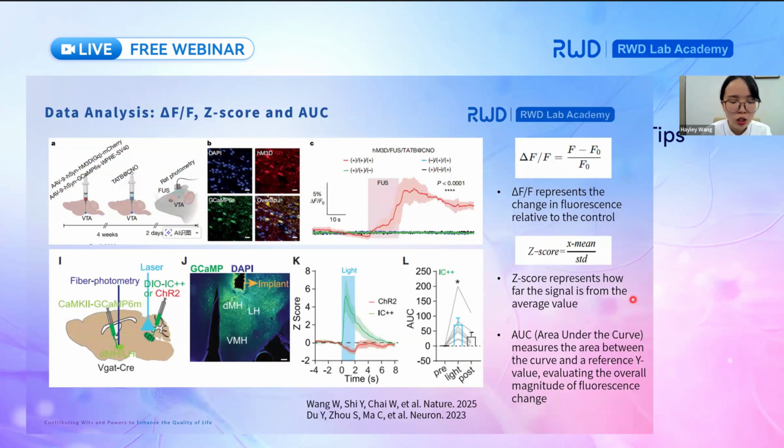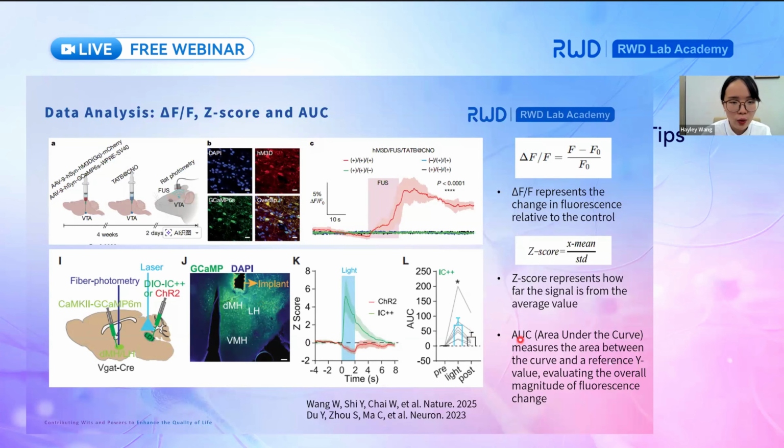In other words, delta F over F shows the size of signal change, while the z-score shows how strong or significant that change is relative to control variability. Both are widely used in fiber photometry studies and are commonly reported in the literature.